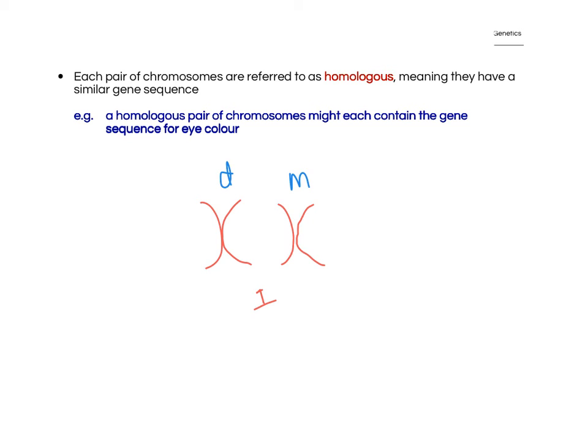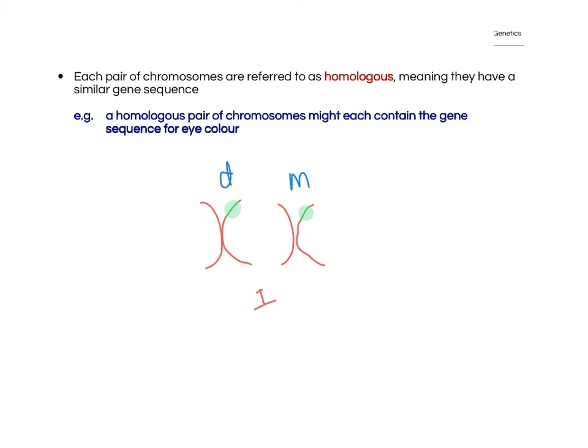So for example, if I were to zone in on this section of dad's chromosome, in the homologous pair, your mom would also have a similar gene on her chromosome that's paired, right? In that homologous pair, we're going to see the same type of gene.